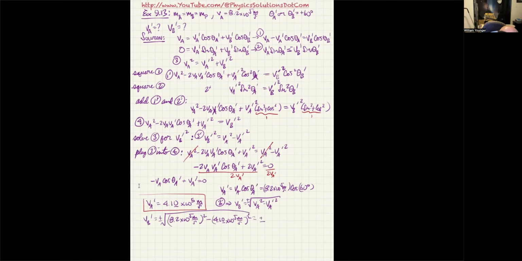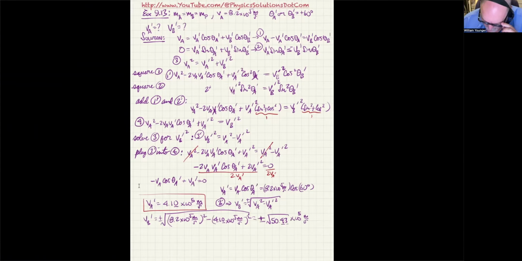And that's going to give me the plus or minus square root of 8.2 squared minus 4.1 squared, which gives me the square root of 50.43 times 10 to the fifth meters per second. I'm just making use of the fact that both of them had a common factor of 10 to the fifth, so I didn't have to type all that in.